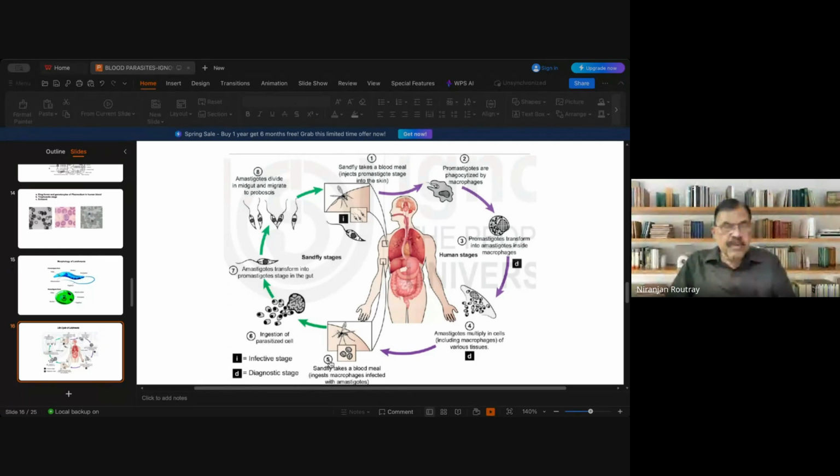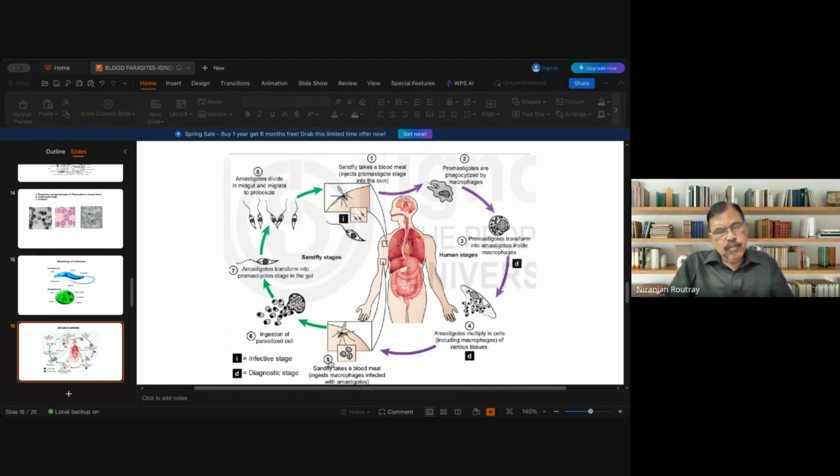The morphological transformation, meaning the development of the flagella and the elongation of the parasite, occurs in the midgut of the sandfly. Now, why does it develop there and why not in the human being?